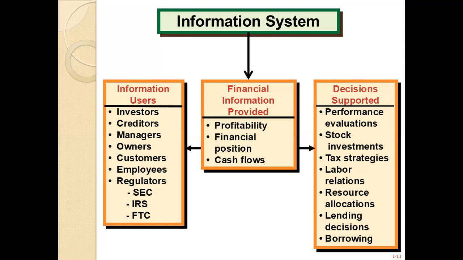All these decisions are related to financial information. If you have financial information, the decision maker can take decisions related to borrowing, lending, labor relations, tax strategy, and performance evaluation.